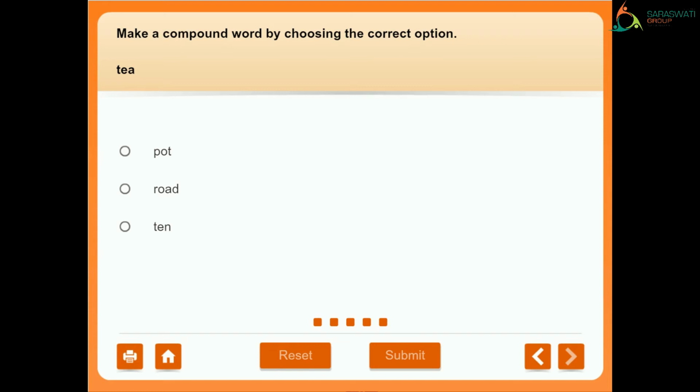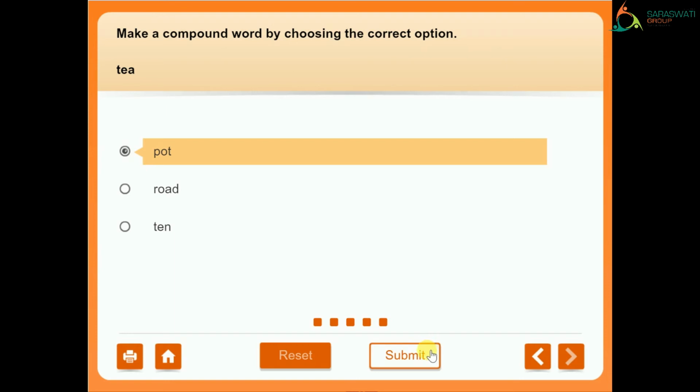No, I have not heard such tea road. Can I make up the pair with this word? Teapot. Yes, that is teapot. That is correct. The two words tea plus pot make a new compound word, that is teapot, in which we store tea. We put tea. That is teapot. Now let us proceed.